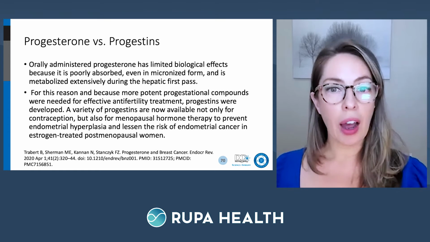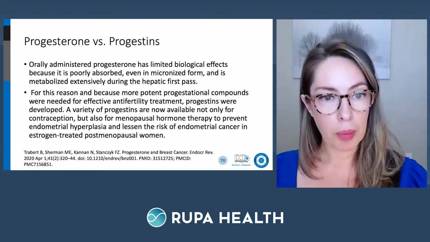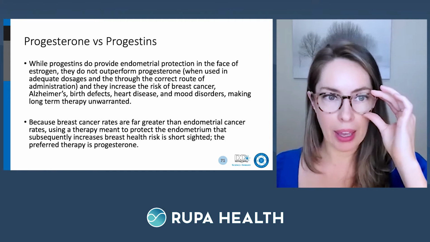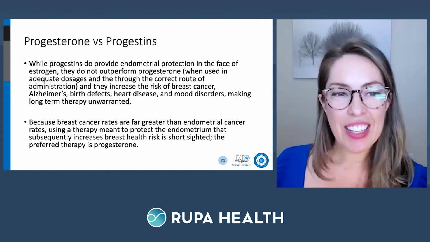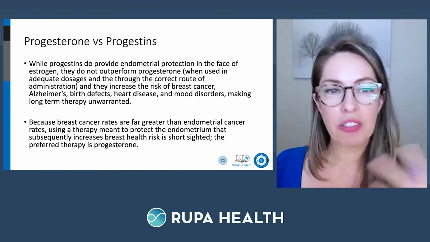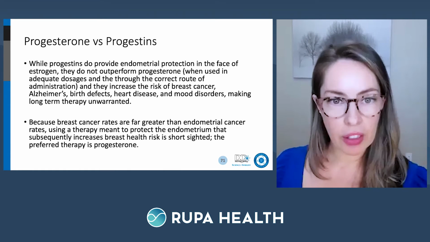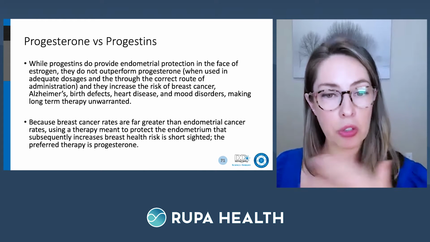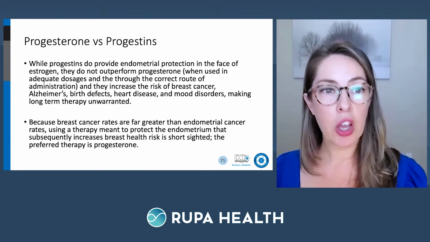So because of that, these progestins came out on the market. Great, now we're protecting the endometrium. The problem is we're now increasing the risk of breast cancer, and breast cancer rates are so far greater than endometrial cancer that it's arguably quite silly to be using a progestin in that regard.